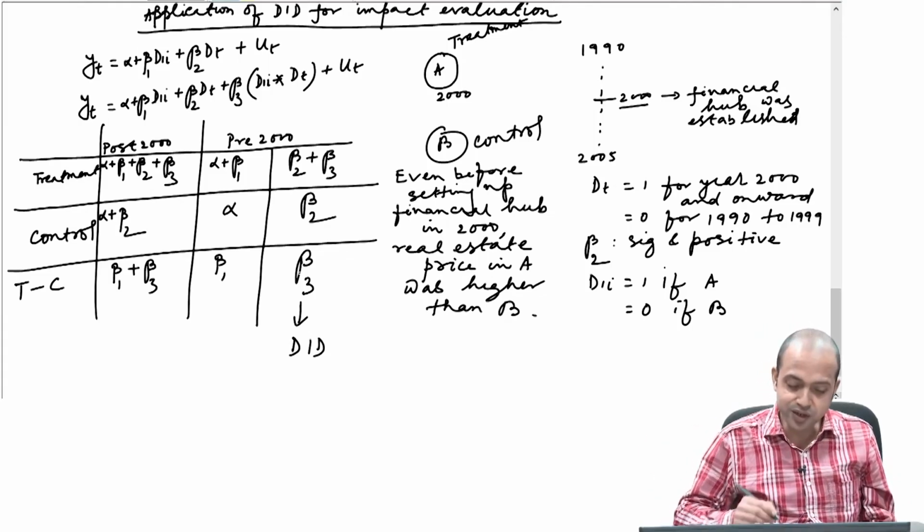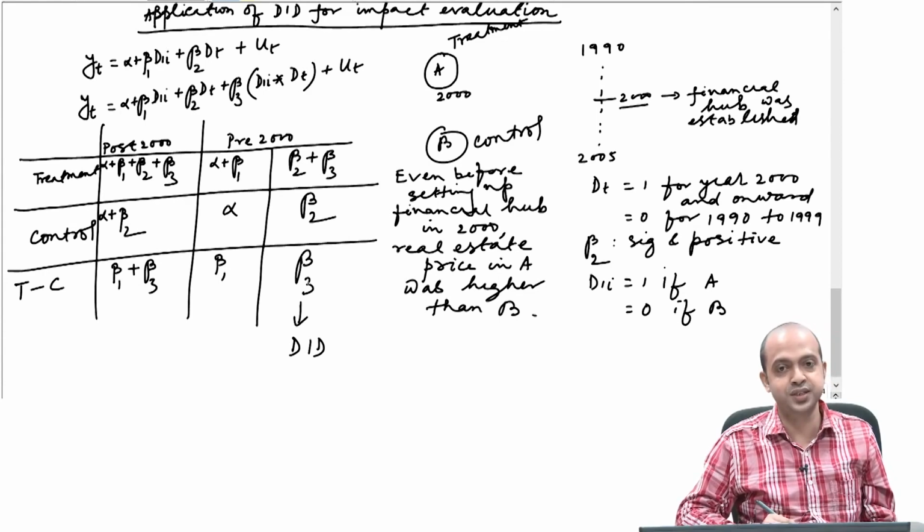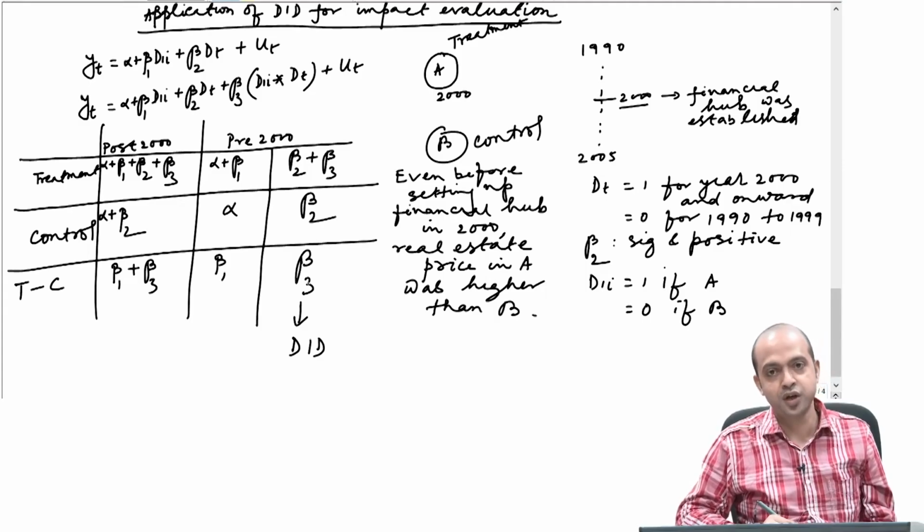And if that difference in difference coefficient is significant, then only can I say that yes, joining a self-help group has given a significantly higher impact on women empowerment. Otherwise, your analysis would be wrong, because it may so happen that those women were already more empowered compared to the others who did not participate in the self-help group.